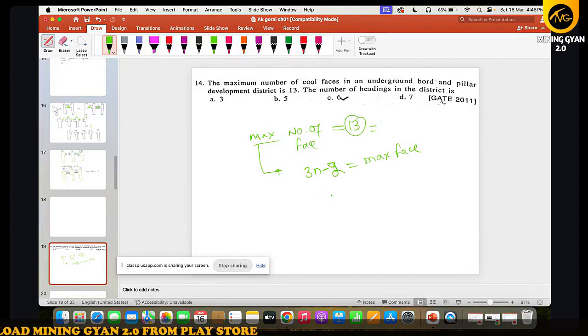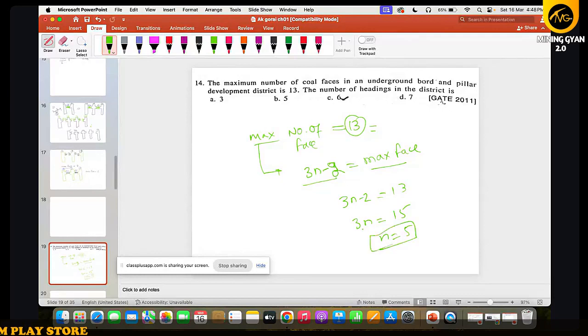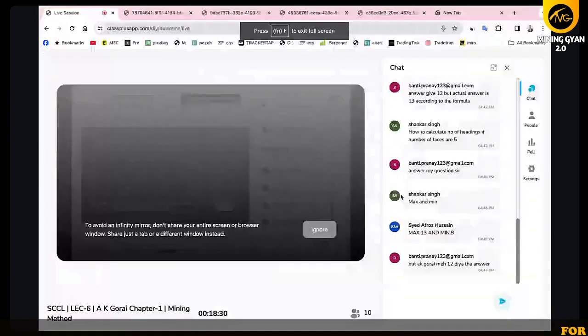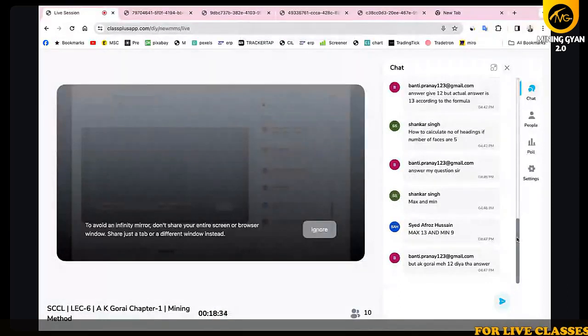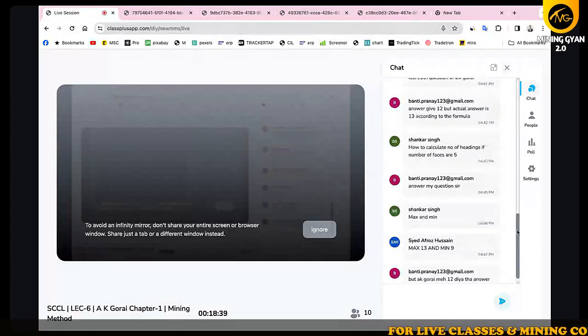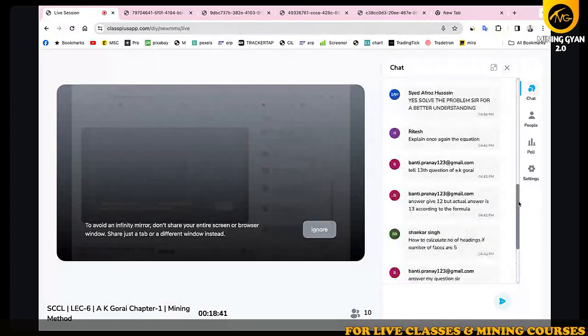So when we have the maximum face, 3n minus 2 equal to 13, 3n equal to 15, n equal to 5. The answer given is 12, but the actual answer is 13 according to the formula.